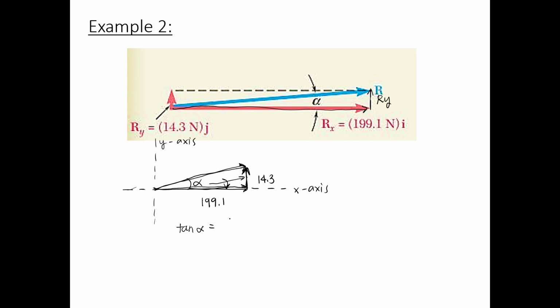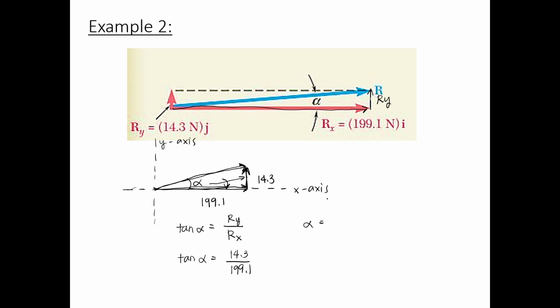So opposite side is your y component of the resultant force. Then the side adjacent to the angle is the horizontal component of your resultant force. So solving your angle alpha, you have 14.3 all over 199.1.